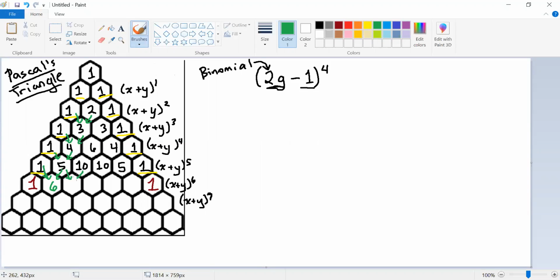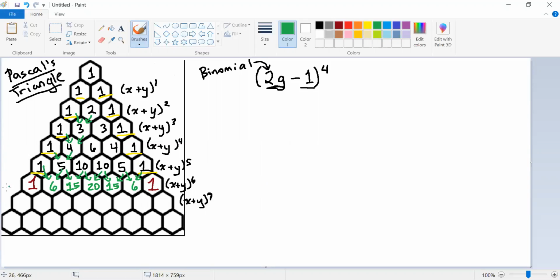This is 5 plus 10, that's going to give you 15. 10 plus 10, that gives you 20. 10 plus 5, another 15. And 5 plus 1, a 6.